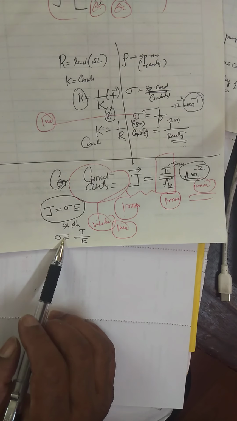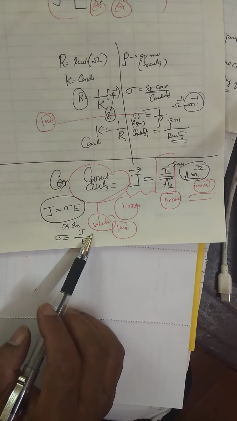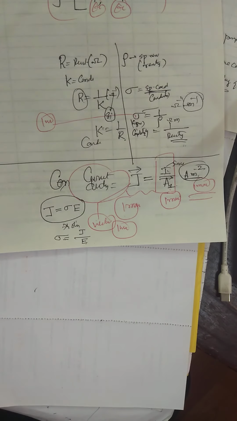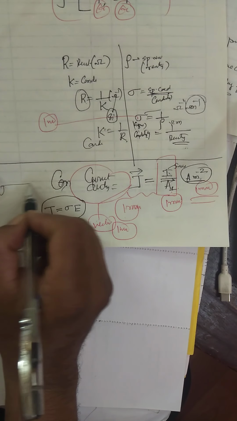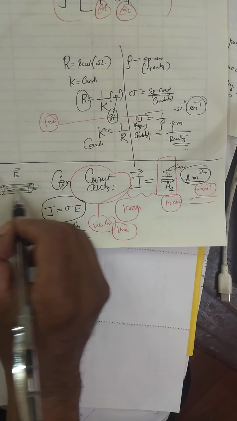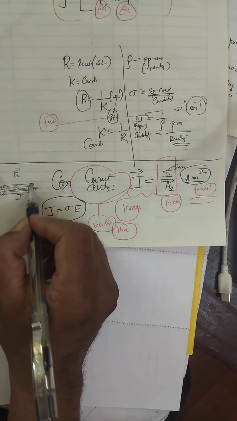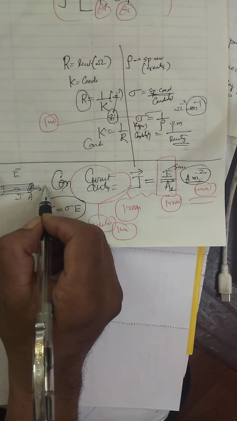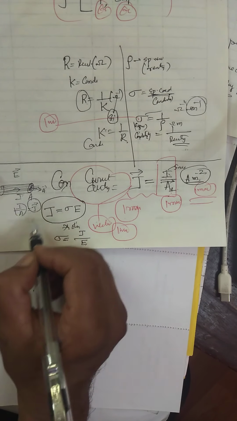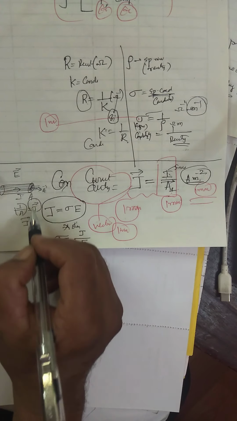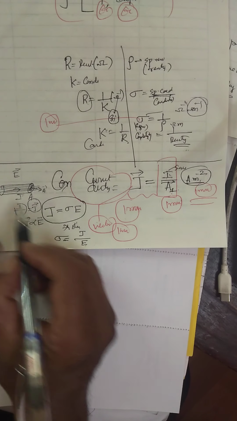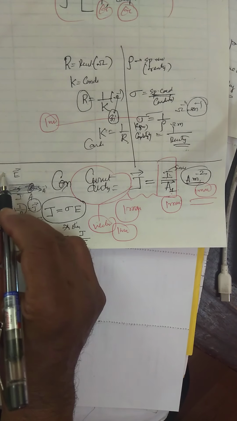Therefore, conductivity is defined as the ratio of current density to the electric field which causes the flow. See, suppose there is a metal, right? Because of the electric field, current is flowing through that area. Area is a vector quantity. Current per unit area is current density. The more the electric field, the more the current, so it is directly proportional.